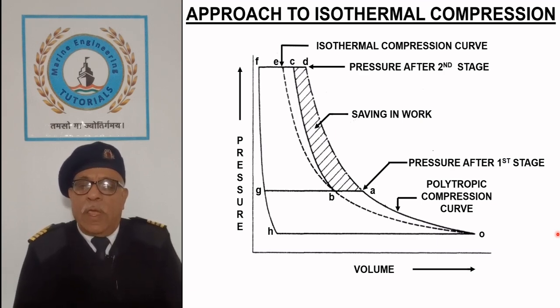Saving in work A, B, C, D, A is equal to work of the polytropic compression in one stage O, A, D, F, G, H, O minus work of compression in first stage O, A, G, H, O plus work of compression in second stage B, C, F, G, B. Thus we can say that it is better to compress air in two stages with intercooling instead of single stage, especially when high pressure is required.